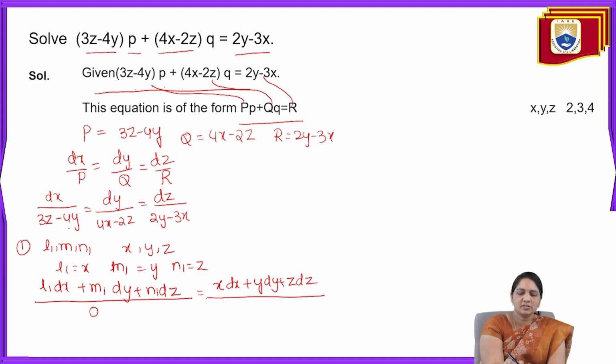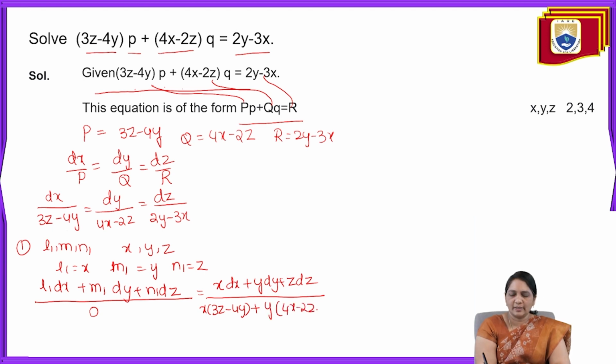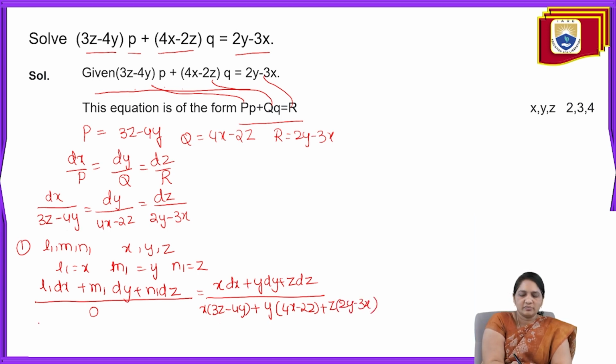by, here what is the denominator? So x into 3z minus 4y plus y into 4x minus 2z plus z into 2y minus 3x. I am going to calculate this value. That value you can observe here.